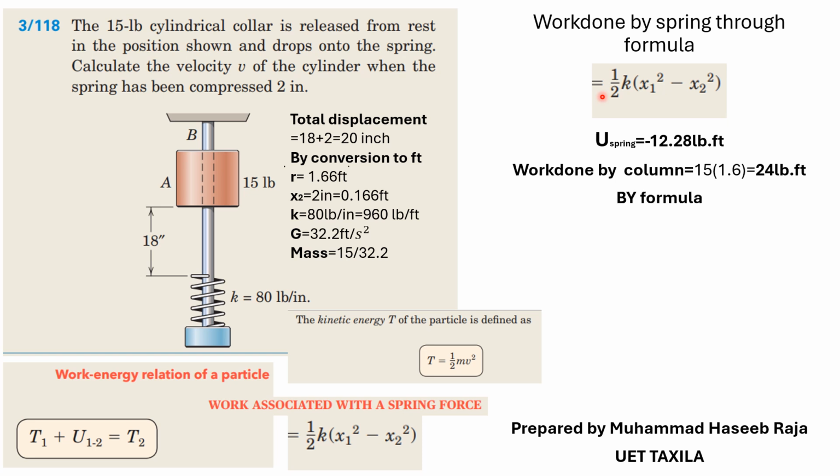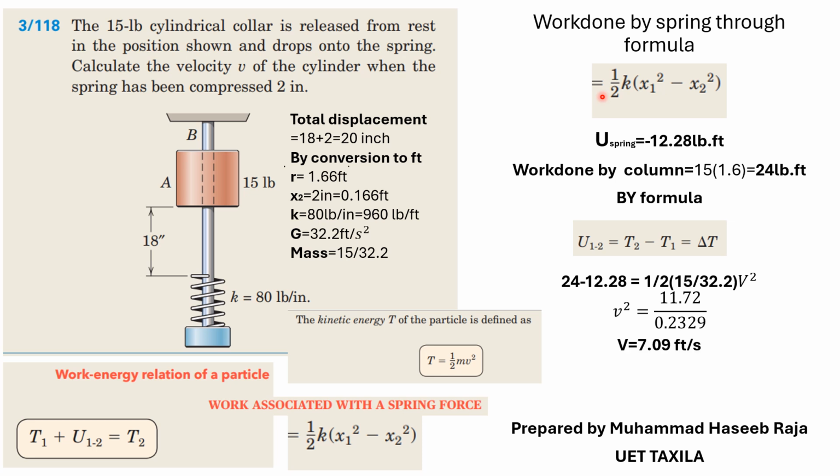By this formula we add the work done values. In this question the initial kinetic energy is 0. So by putting values in the final kinetic energy, we get the value of velocity when the spring is compressed 2 inch.